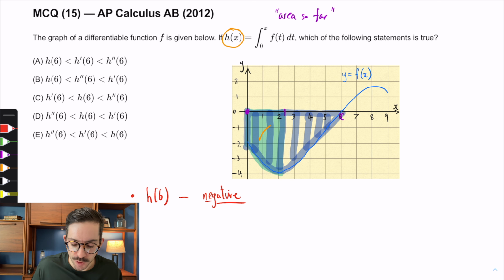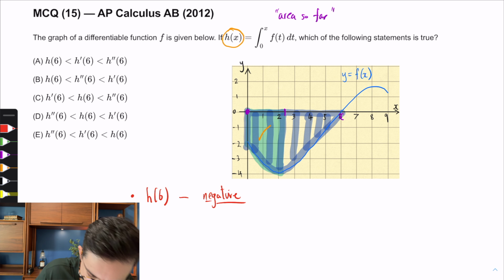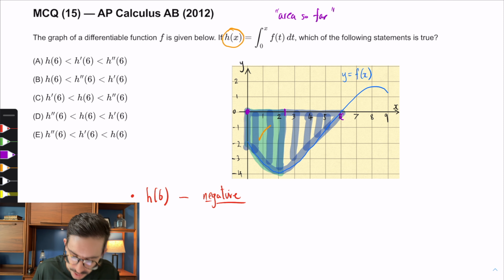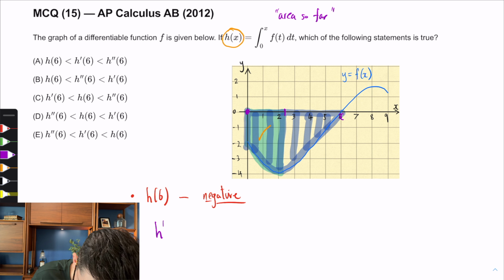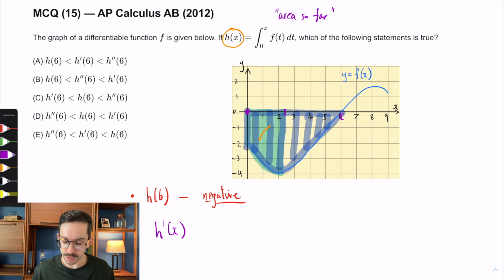Okay, well, that's nice, I guess. But we know a little bit of information now about the relative size of one of these quantities, so we shouldn't complain too much. Let's now try to think about h prime of 6, or in general, h prime of x. Now remember, h is built as an integral of f.